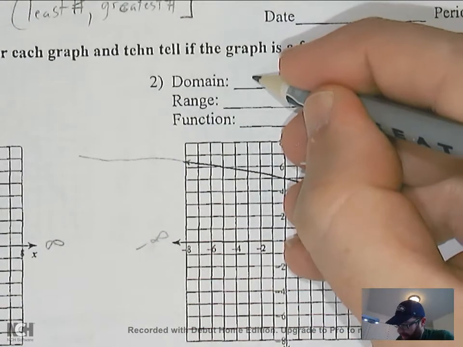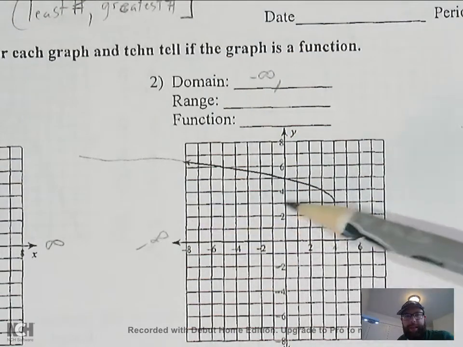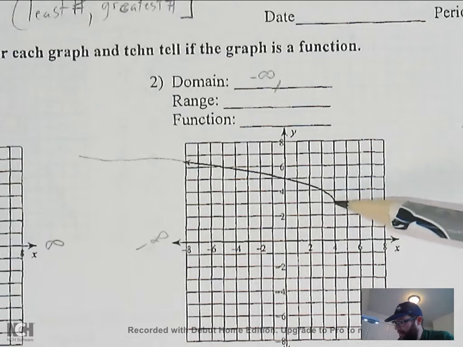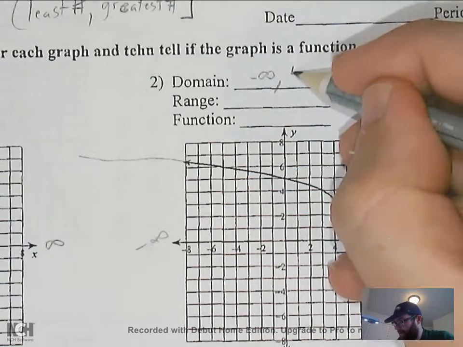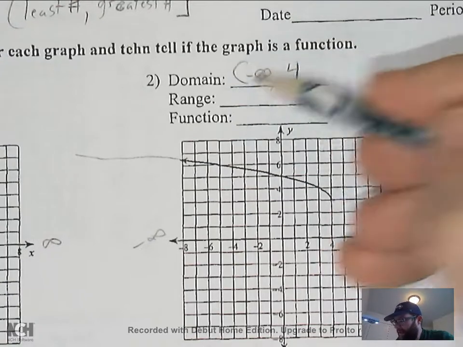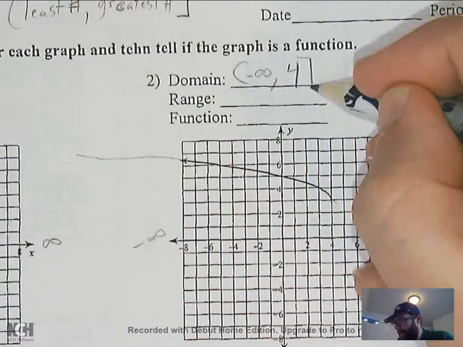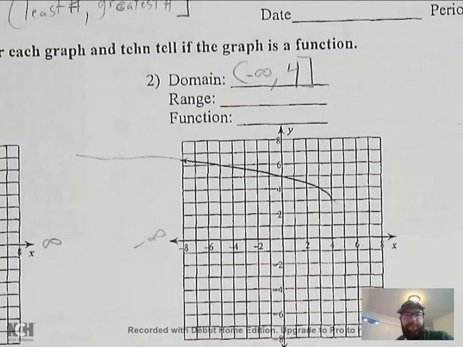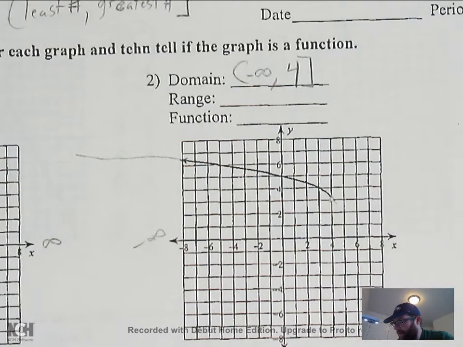So its least number is going to be negative infinity. And its greatest number, it's always its most positive number, is going to be right here at 4 on the x-axis. So 4. So infinity always has a parenthesis, but it does hit 4 here, so we're going to put a bracket next to the 4. Okay? It does include 4 right there.